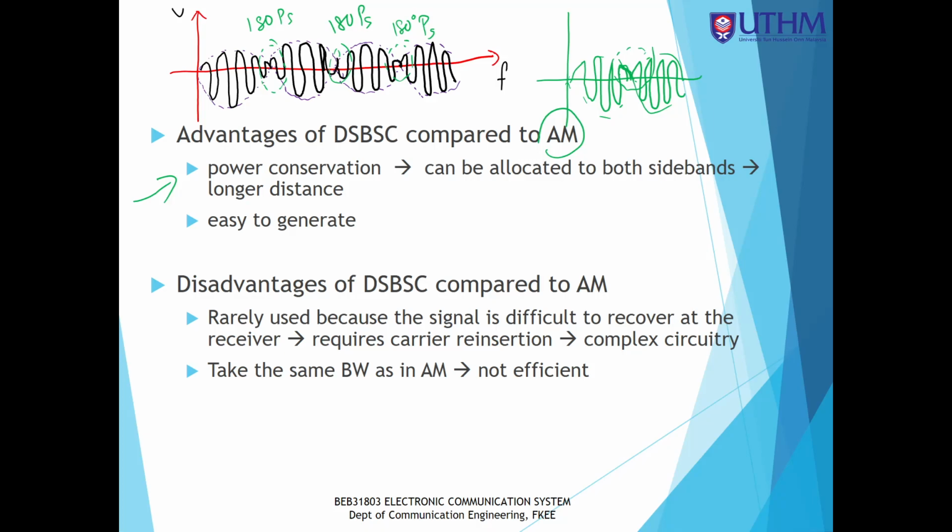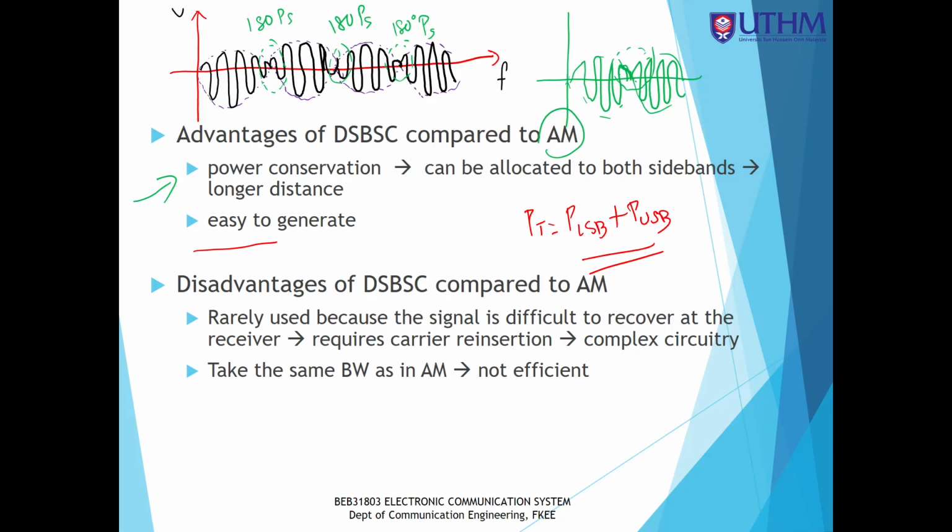Sorry, the total power, we can save the total power by suppressing the carrier component, because carrier does not carry any information. So if we suppress the carrier, that means we reduce the power consumption, especially for the carrier component. Okay, remember the total power is equal to PLSB plus PUSB. Okay, and then easy to generate.